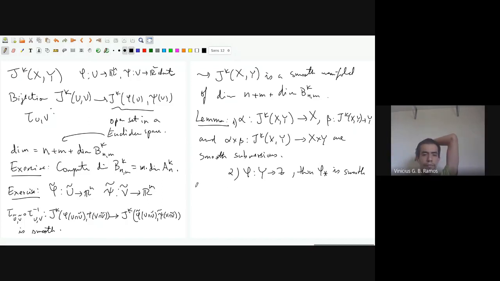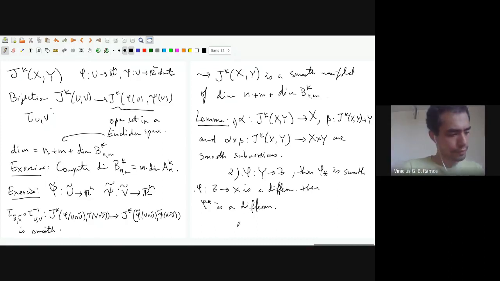And also if phi from Z to X is a diffeomorphism, then the pullback is a smooth map, but it's a bijection, and is also a diffeomorphism. Okay, and again, the proof is straightforward.